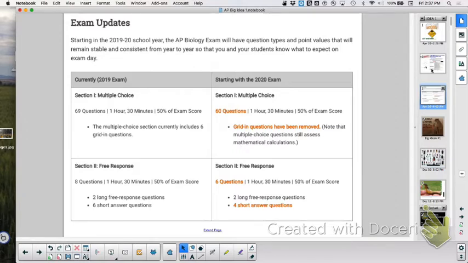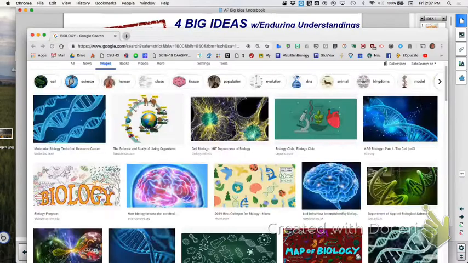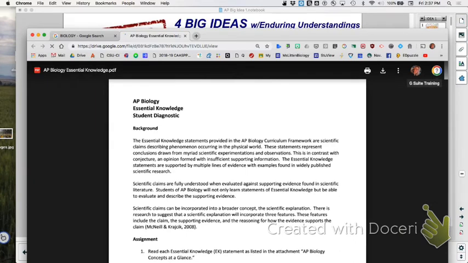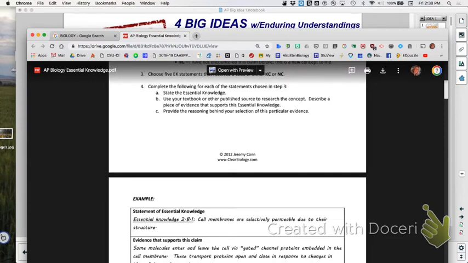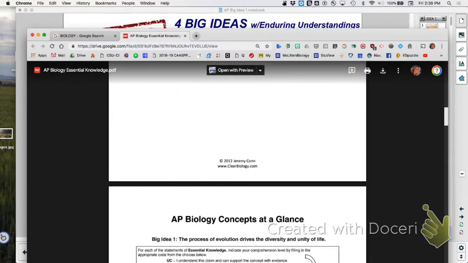I have given you since day 1, do you see this document right here? I gave you this document. It's in your review folder underneath learning objectives, or I can't remember exactly what it is, but if you scroll down, you have this. This was done by a man named Jeremy Kahn for Clear Biology.